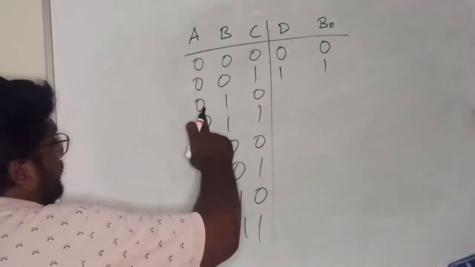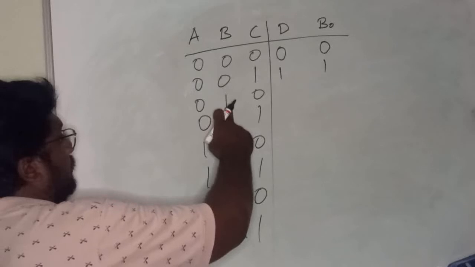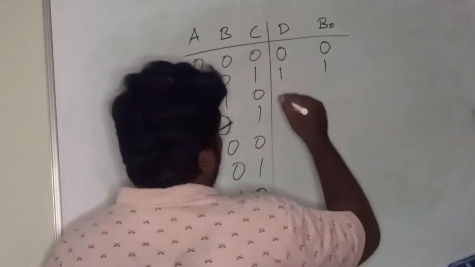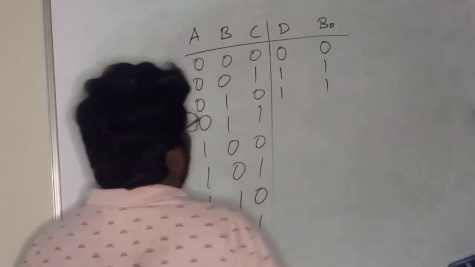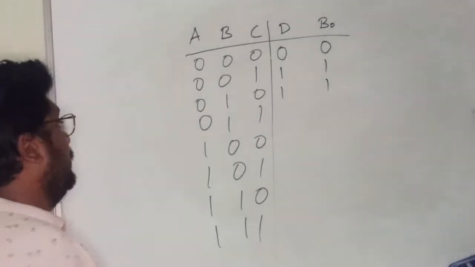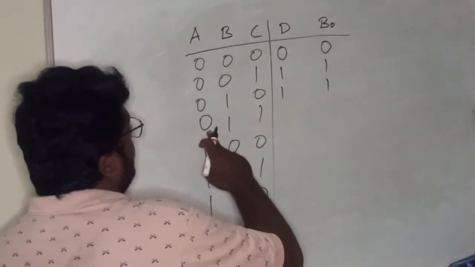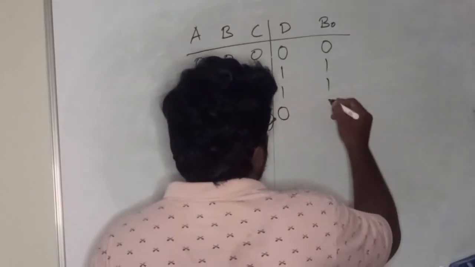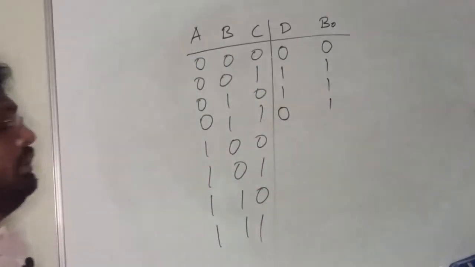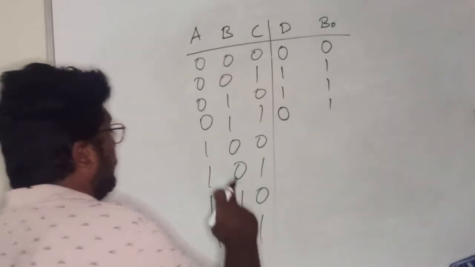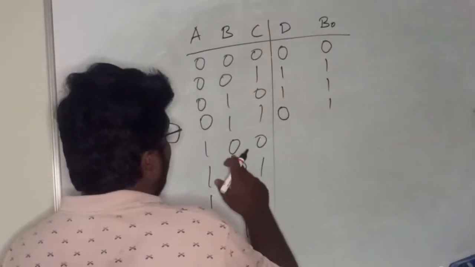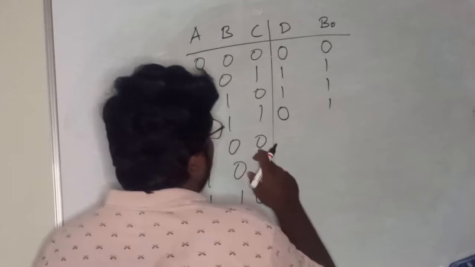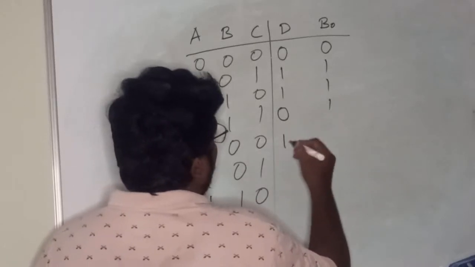The next case, the difference will be 1 and the borrow will also be 1. When subtracting 0 with 1 and 1, the difference will be 0 and the borrow will be 1.